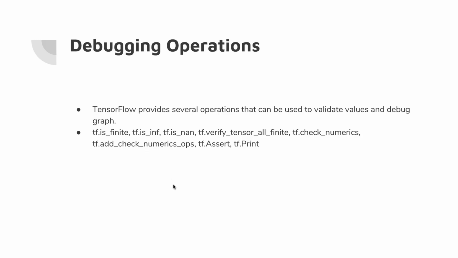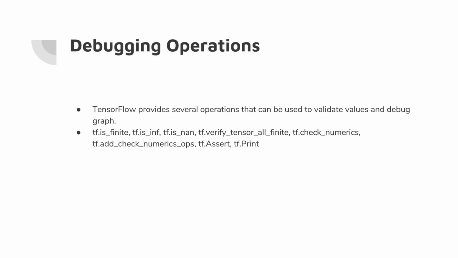I'll just give an example. Let's talk about tf.is_finite. This will take one tensor as an input parameter, and after this operation is done, it will result in a tensor which has the same structure as the input tensor. Each element of the output tensor denotes whether the corresponding element of the input parameter tensor is finite or not.